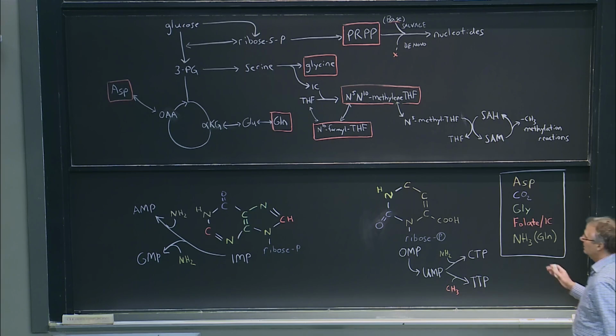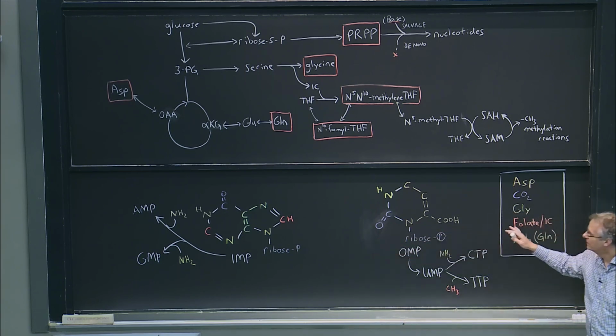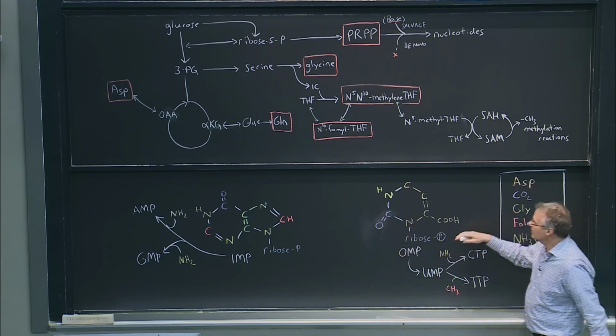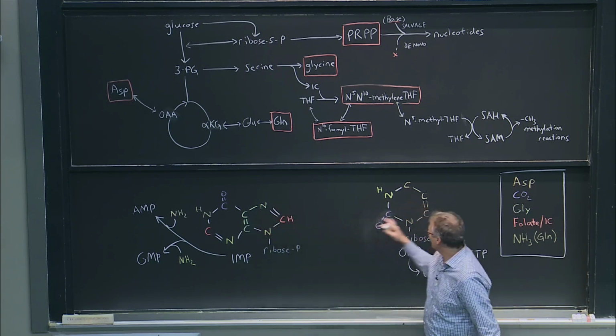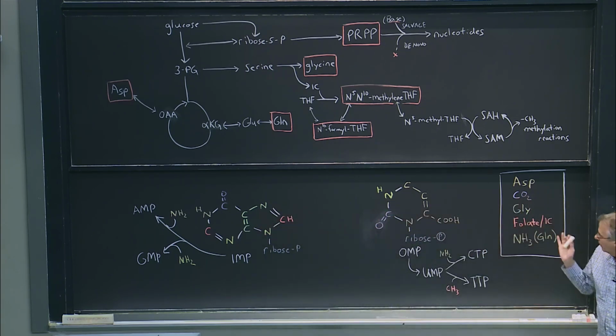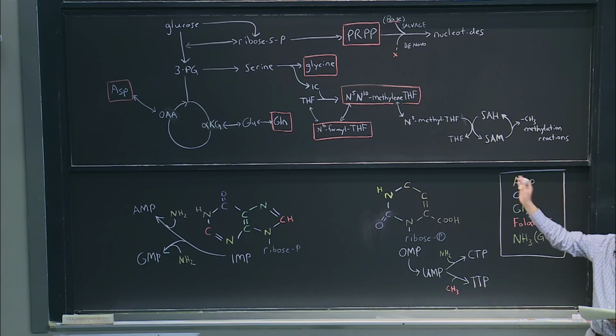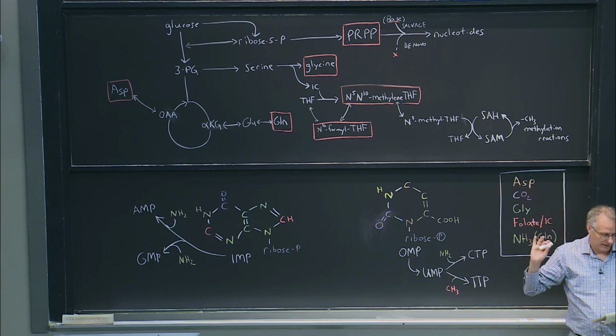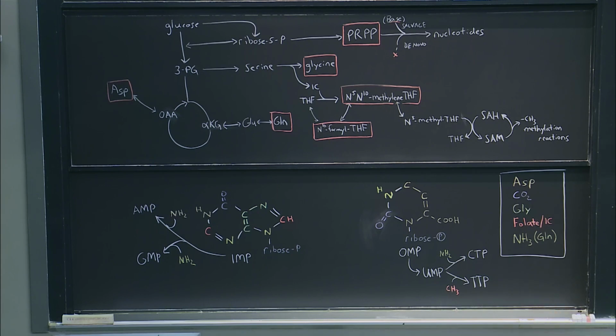Now, down here, I've color-coded all the different atoms. Here's a pyrimidine, here's a purine, the ring structures that you're probably familiar with, and I've color-coded where each of these atoms comes from, where they're drawn from across metabolism. Again, it's a nice way to synthesize lots of the pathways that we've discussed in class.